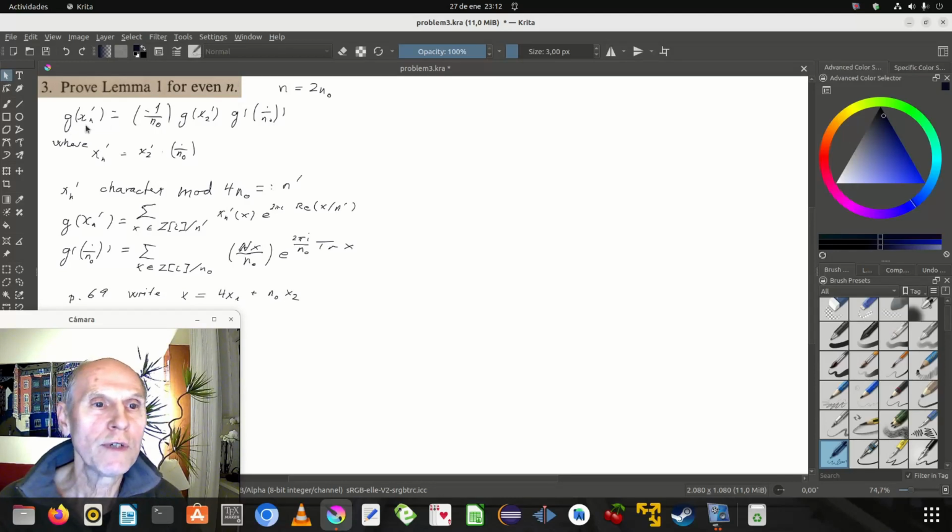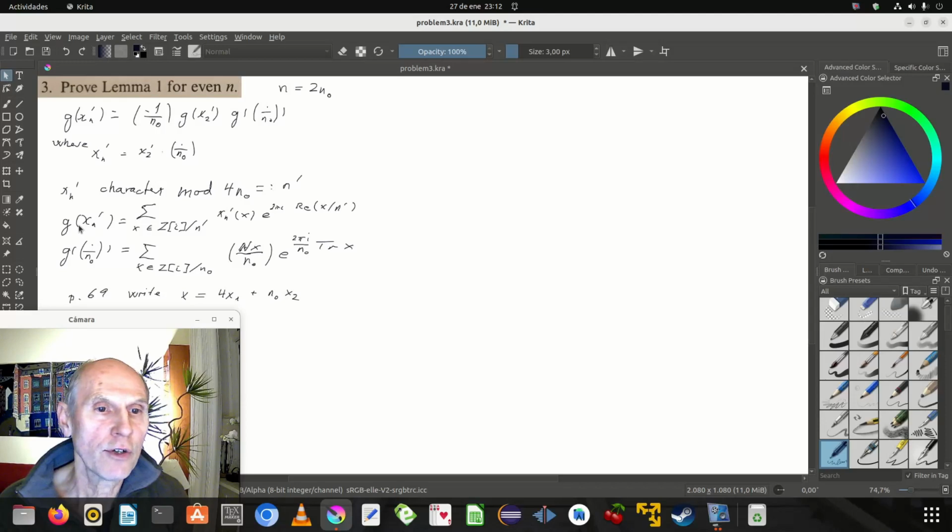What we have to prove is this formula and the definition of chi n mark. It's a character modulo 4 n naught, where n is even, it's 2 times n naught, and n naught is square free.